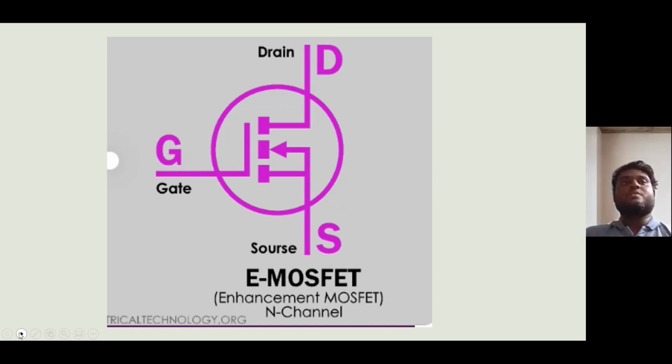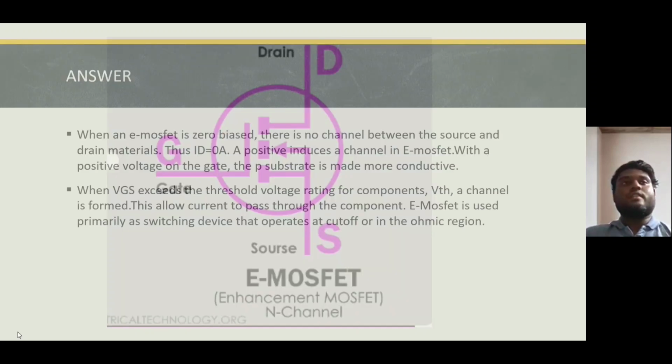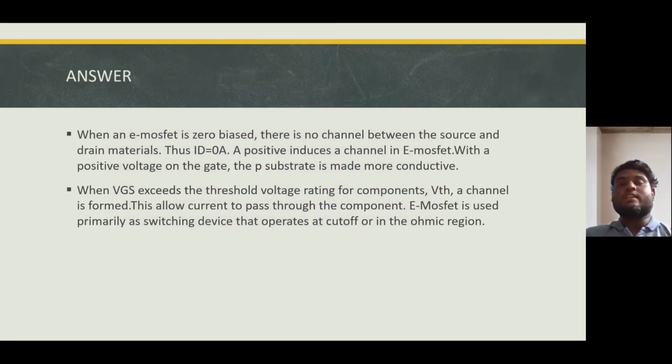So I will explain the E-MOSFET. When an E-MOSFET is at zero bias, there is no channel between the source and the drain materials. Thus, ID equals 0 ampere. A positive induced channel forms in the E-MOSFET with a positive voltage on the gate.